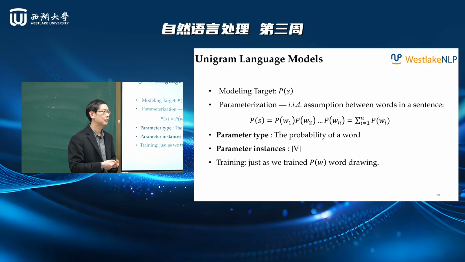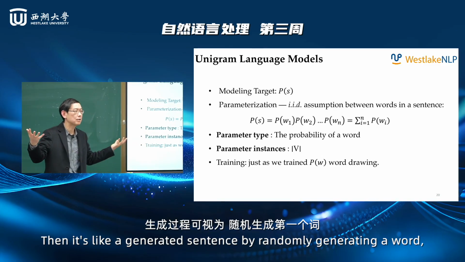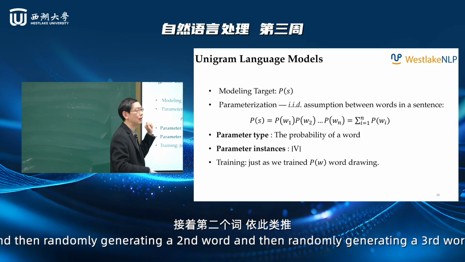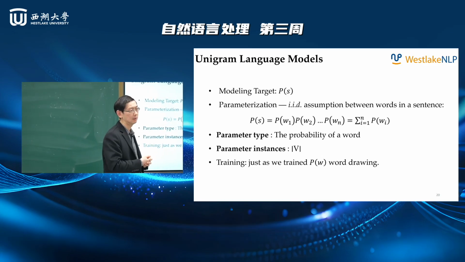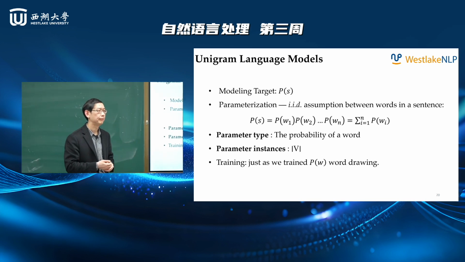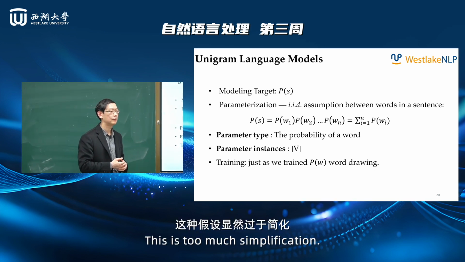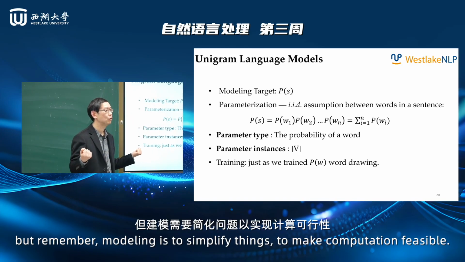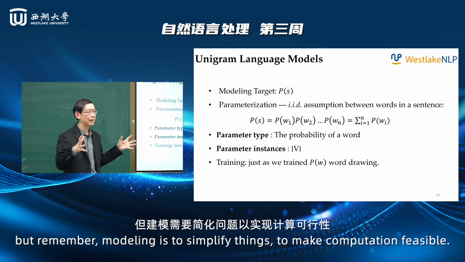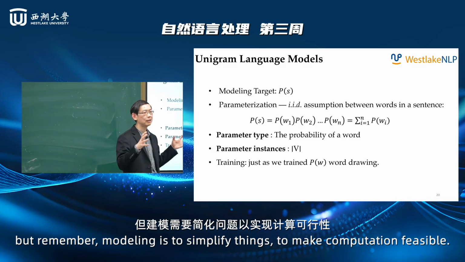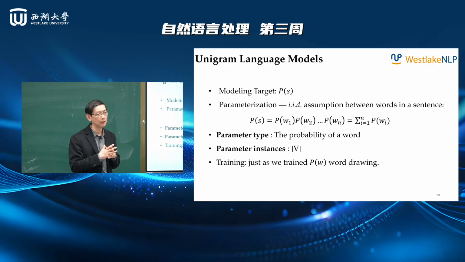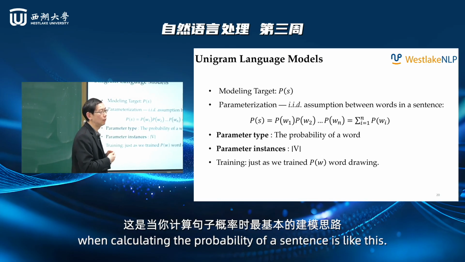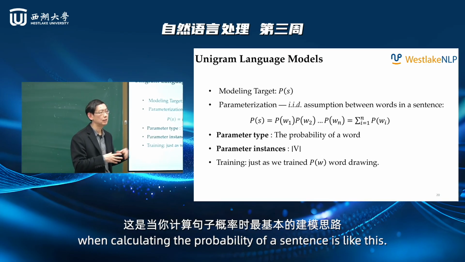Then it's like I generate a sentence by randomly generating a word, and then randomly generating a second word, and then randomly generating a third word. This is too much simplification, right? You know the words are correlated. But remember, modeling is to simplify things, to make computation feasible. So the simplest thing we can think of when calculating the probability of a sentence is like this.